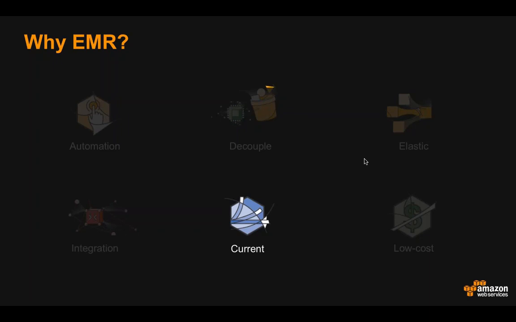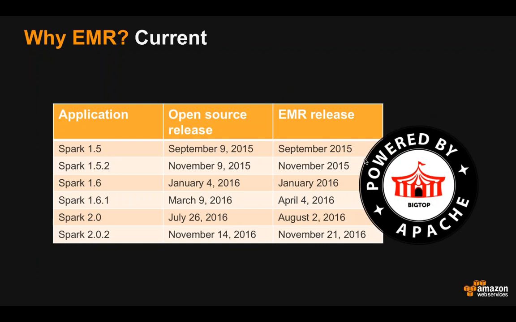And so we want to make sure that we can get that into your hands as quickly as possible. And so we've done a lot of work with EMR over the last couple of years to make sure that we can do this. And if you look at some of the dates here, specifically for Spark, you can see that the speed with which we can get those changes and those new updates into your hands is really quite quick.